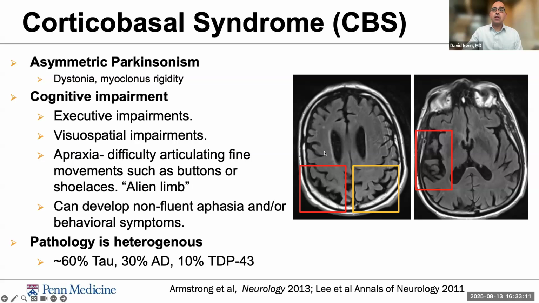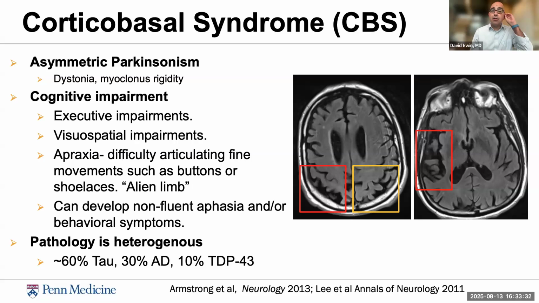As an asymmetric frontoparietal disease, if you imagine it in the left hemisphere, this can involve areas that we discussed with the non-fluent form of primary progressive aphasia, and indeed we can see overlap with non-fluent aphasia symptoms, as well as behavioral symptoms.